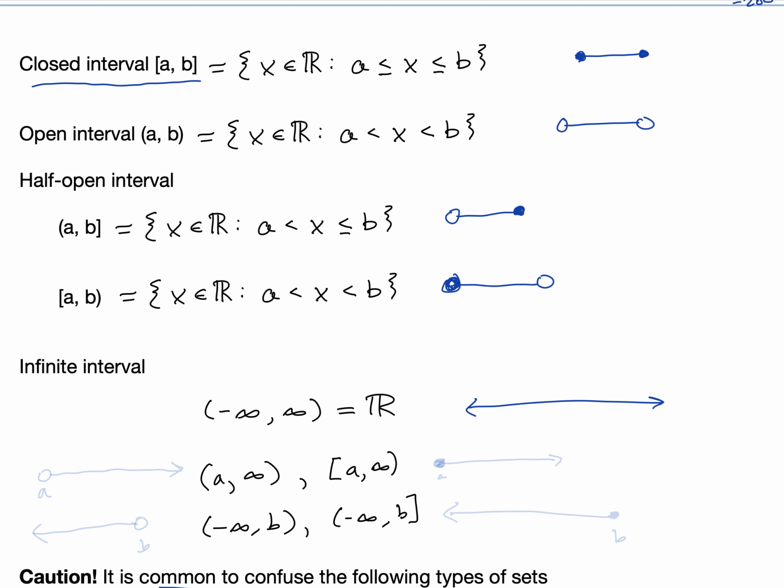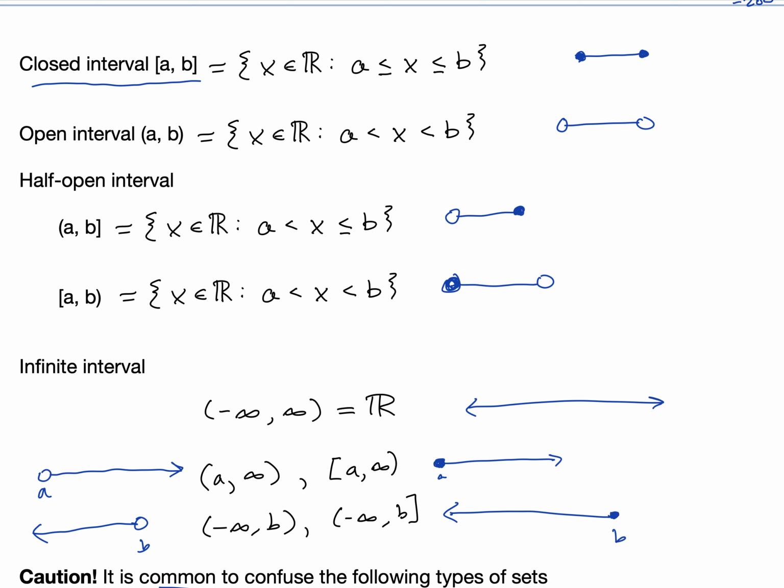The open interval from a to infinity would not include a, but it would include everything larger than a. And the closed interval from a to infinity would now include a and everything larger. Negative infinity up to b is an open interval up to b. And similarly, a closed interval up to and now including b.